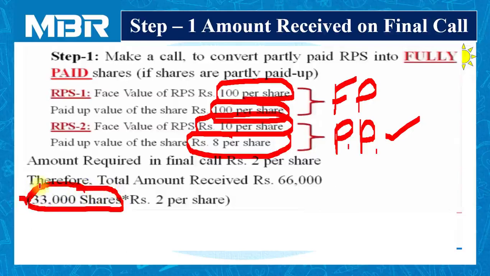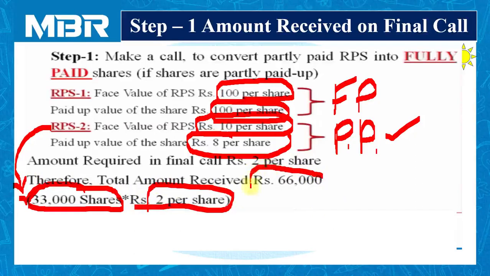Total number of RPS 2 is given as 33,000. So 33,000 shares multiplied by outstanding amount on share rupees 2. 33,000 multiplied by 2, that is rupees 66,000. So here the company will receive 66,000 rupees from the holders of RPS 2.